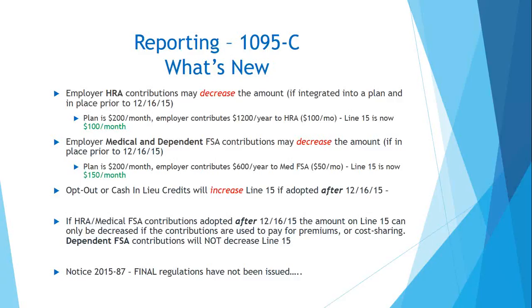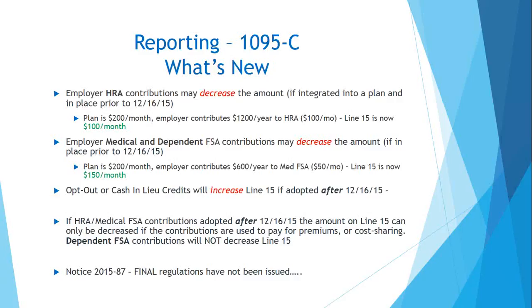So you can fight it as long as all of these pieces were adopted prior to 12/16/2015. So you can fight a penalty notice in 2016 if you've contributed these amounts. You don't necessarily have to put it on the form, especially if you've already been working on that. And most software systems are not ready to integrate all of these pieces into line 15.